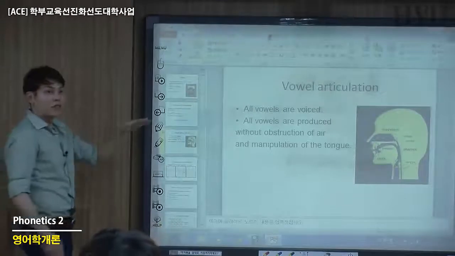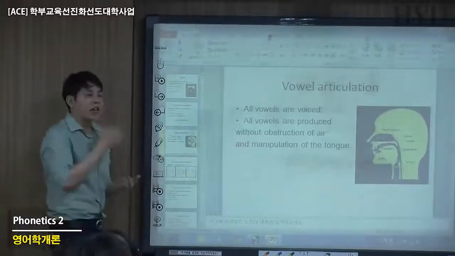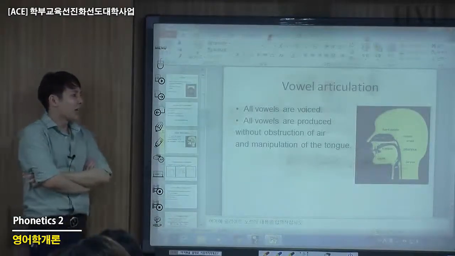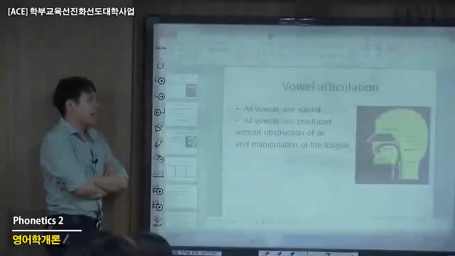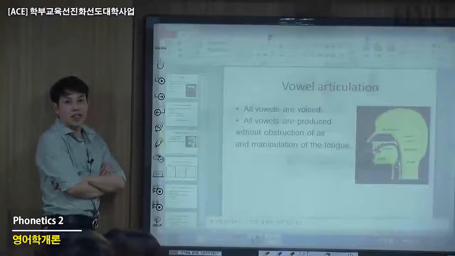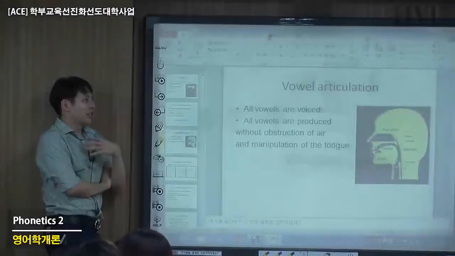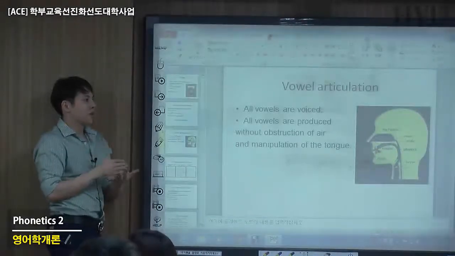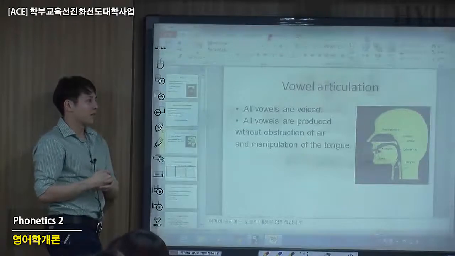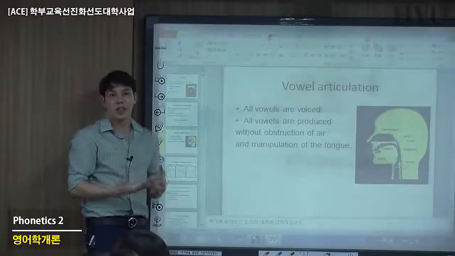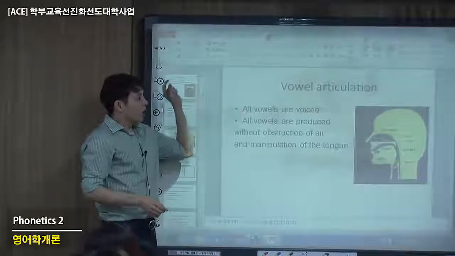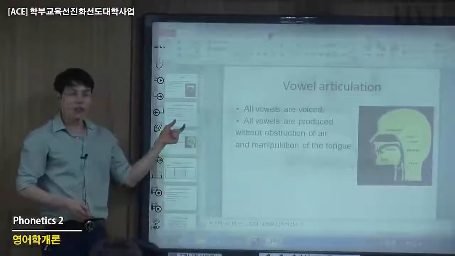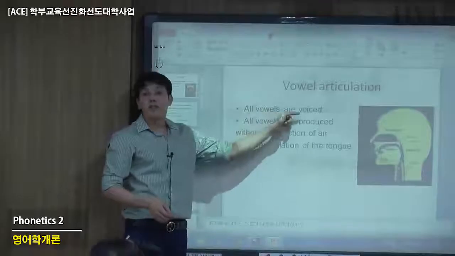Vowels are totally different from consonants. The reason why I talk about vowels today is that vowels are very confusing, and also different people pronounce vowels differently too. Okay? In terms of vowel articulation, all vowels are voiced.